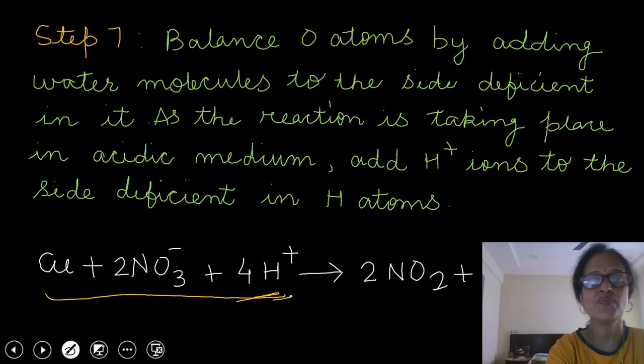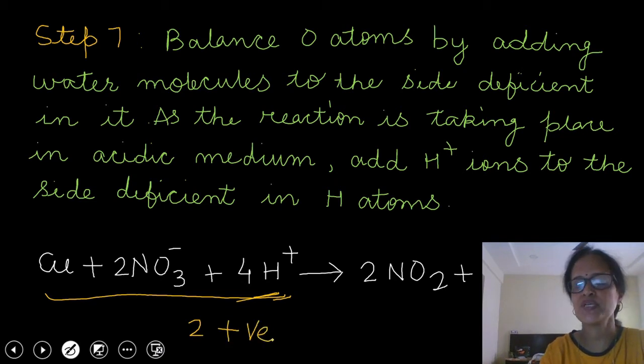And here 4 protons means 4 positive charges. So in total we will have 2 positive charges in the reactant side. Now look at the product side. Here we have Cu2+, which has 2 positive charges. So we can see that the charges on both reactant and product side are equal and we have balanced our reaction.